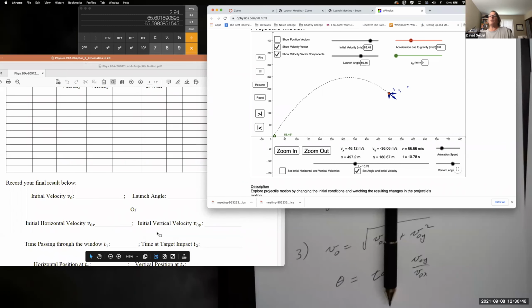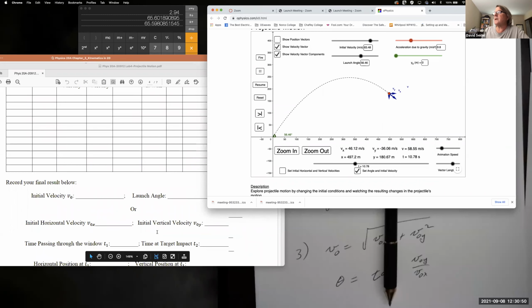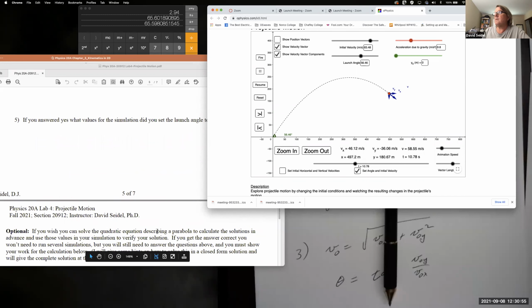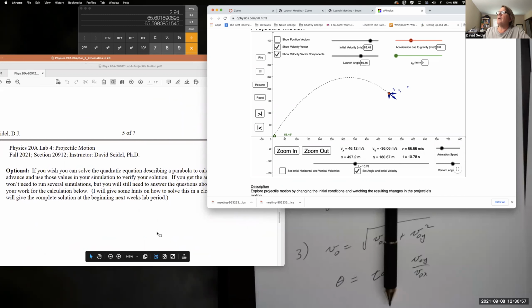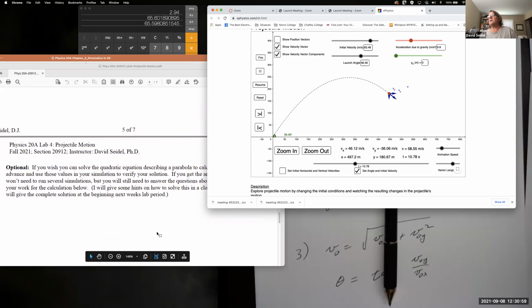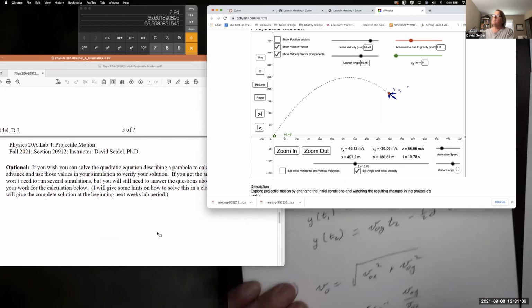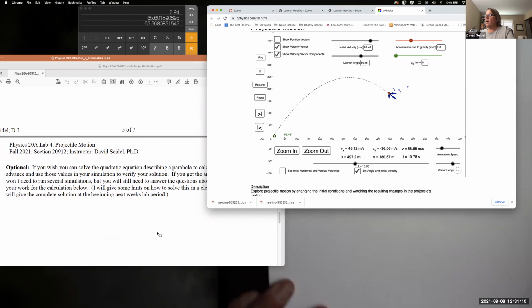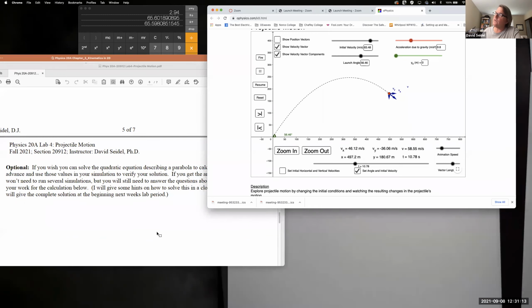So the point is, when I have 2 points, it's a unique parabola. Now, if you want to solve the quadratic equation describing a parabola to calculate the angles in advance, you can. I've given you 3 points. I'm going to give you a hint how to solve this.